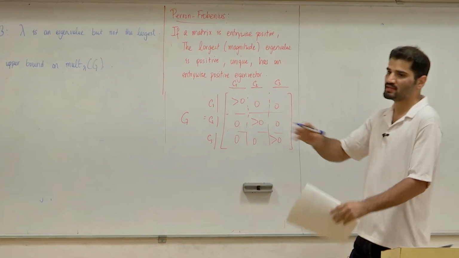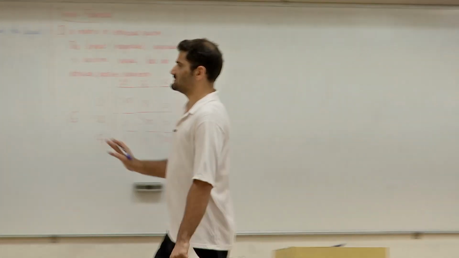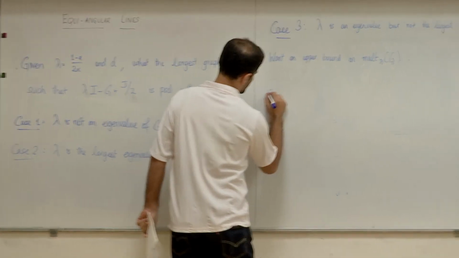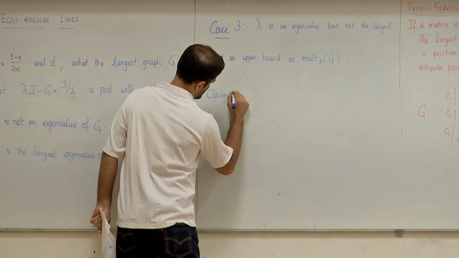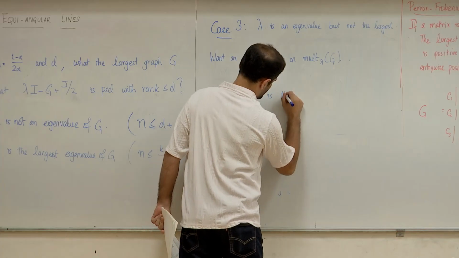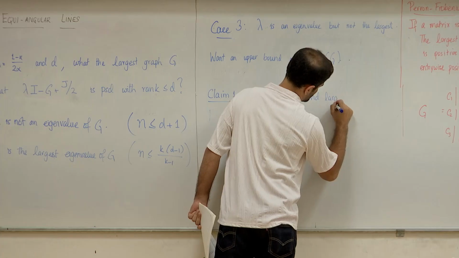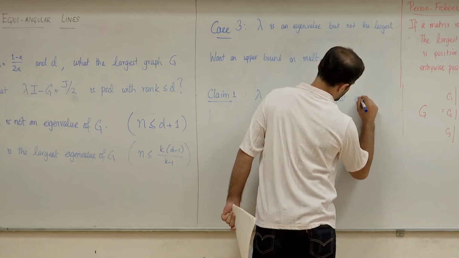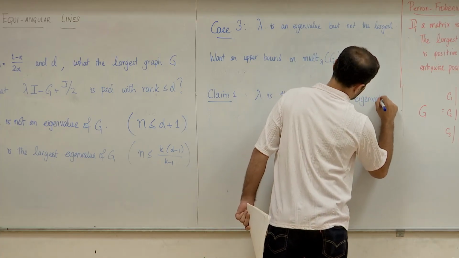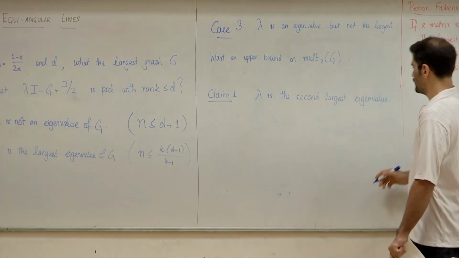So lambda cannot be any eigenvalue of G. We know it's not the largest, but we can in fact say that claim 1 is lambda is the second largest. And this will use the PSD-ness of this matrix.